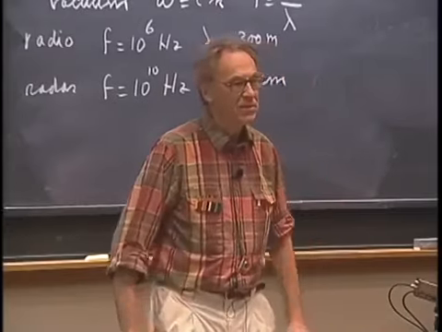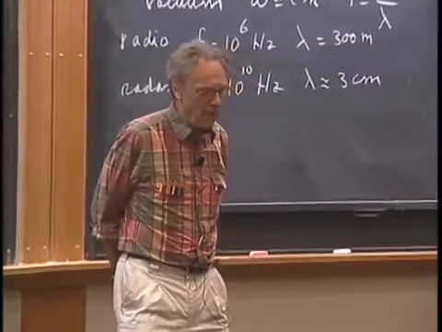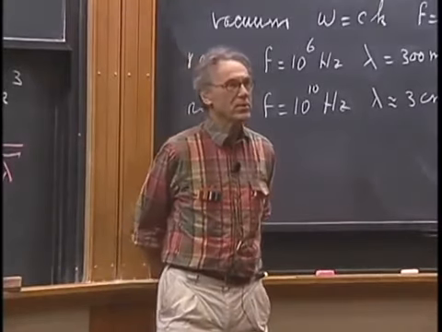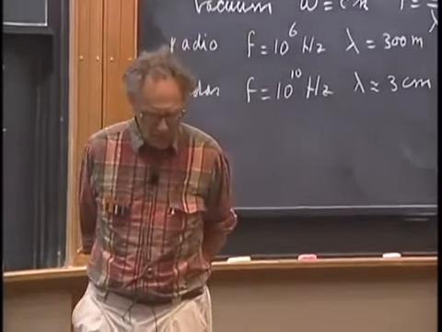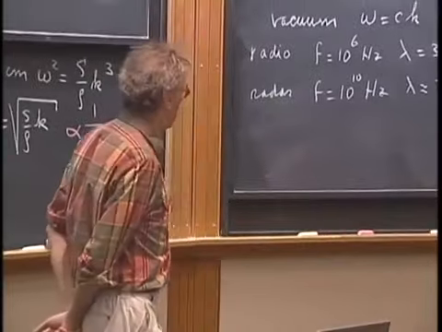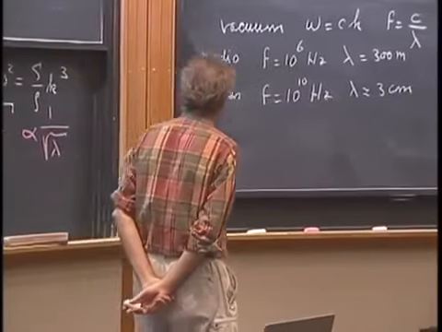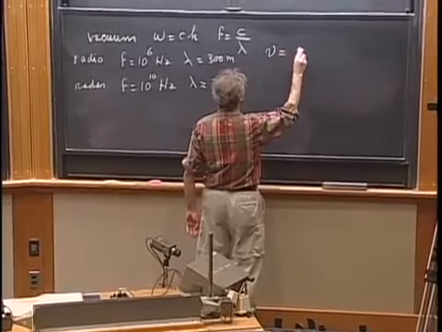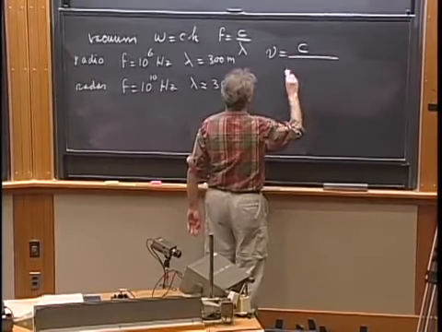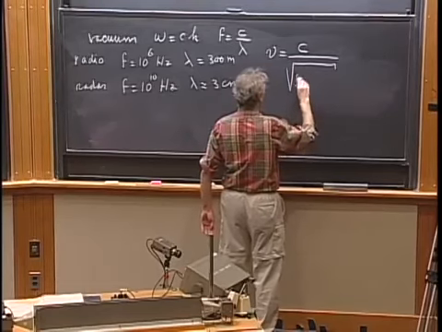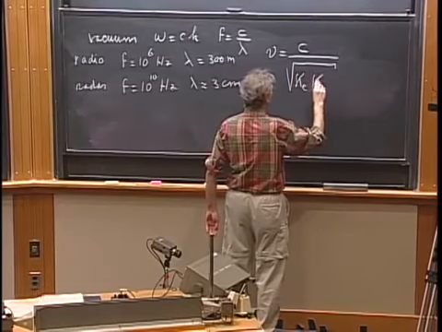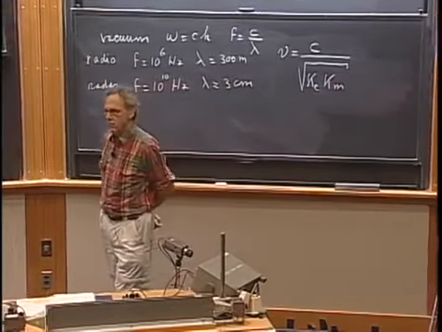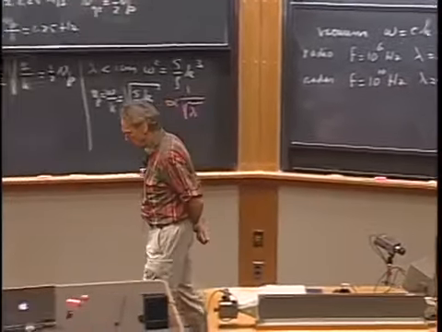Light in glass, or in water for that matter, is not non-dispersive. It is very dispersive. As we will derive in 8.03, the speed of electromagnetic radiation is c divided by the square root of the dielectric constant kappa E and the relative permeability kappa M, which you may or may not recognize from your 8.02 days.